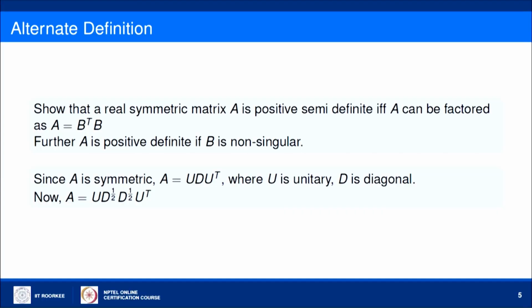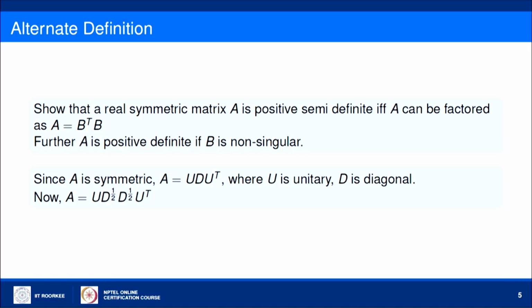An alternate definition for positive definiteness can be given like this. A real symmetric matrix A is positive semi-definite if and only if A can be factored as A equals B transpose into B. Further, A is positive definite if B is non-singular.